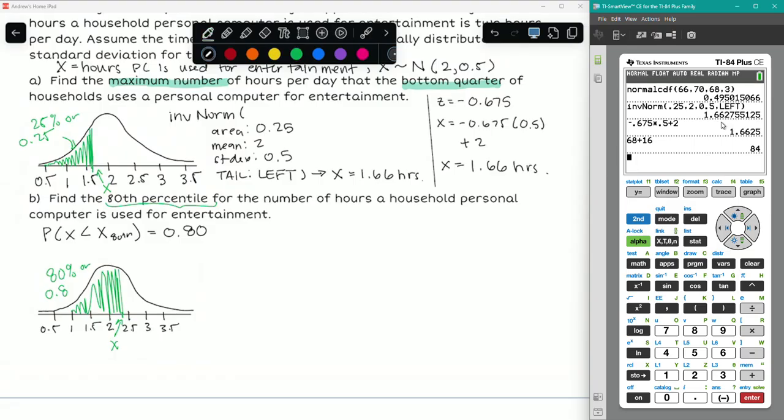So we'll do our calculator first. We know inverse norm. Our area to the left of our boundary is that percentile measure, 80 or 0.8. Our mean is still 2, and our standard deviation is still half. And this problem is also a left tail question. Percentiles are always left tail questions.